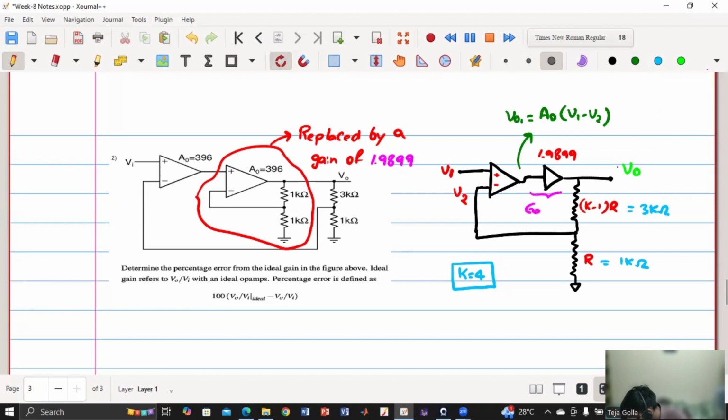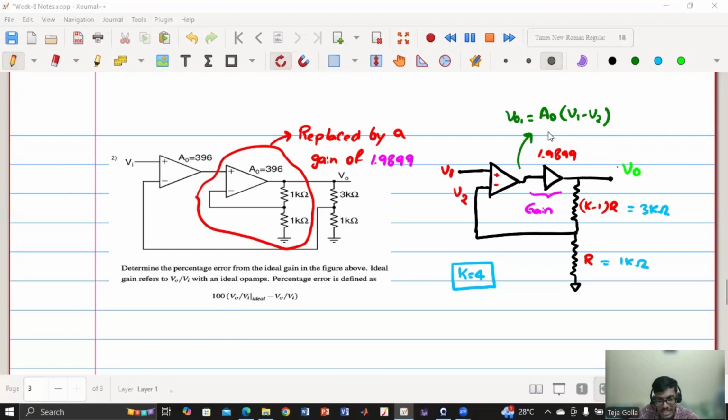I am representing it like this because it is represented like that. So is this clear? V naught 1 is A naught into V1 minus V2 because it's an amplifier with a gain of A naught. The output of this op amp is A naught times the input voltage difference. True? Yes.